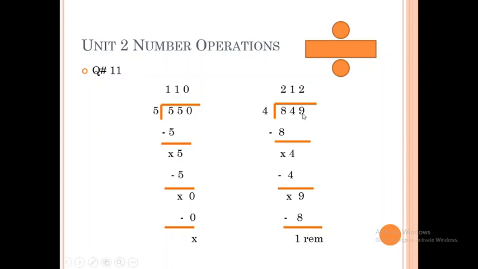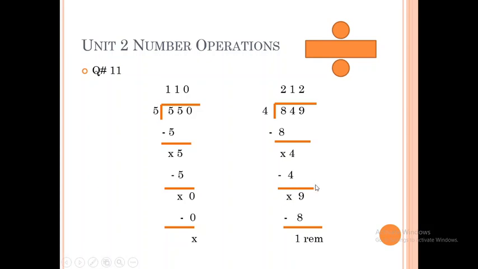849 is the dividend and 4 is the divisor. First divide 8 by 4. 4 2s are 8. After subtraction, nothing is left, and the next number that you are going to divide is 4. Copy this 4 here. Now divide this 4 by this divisor 4. 4 1s are 4.